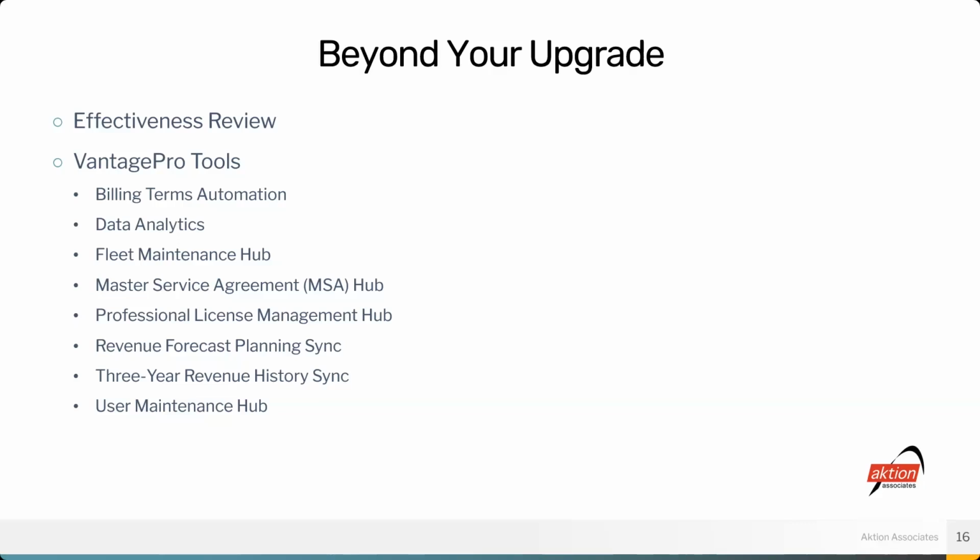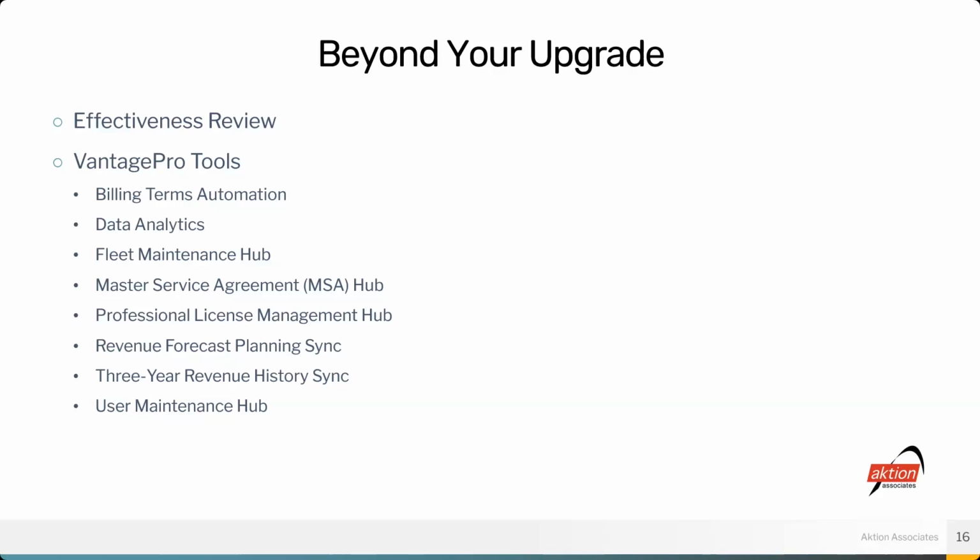There was very little functionality that allowed you to track all the projects or tasks that might come under a master services type agreement. So allowing you a central location to consolidate the information from all the projects tied to that contract. Professional license management hub, another area where it allows you to go to one stop, within the license hub, to find that information and also manage that information.